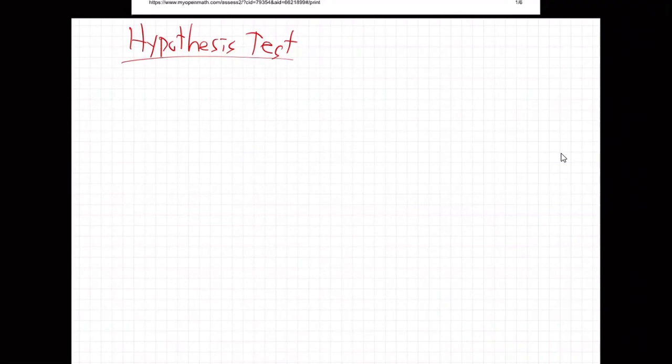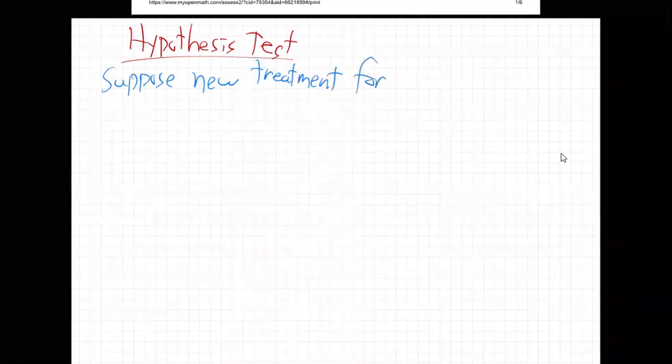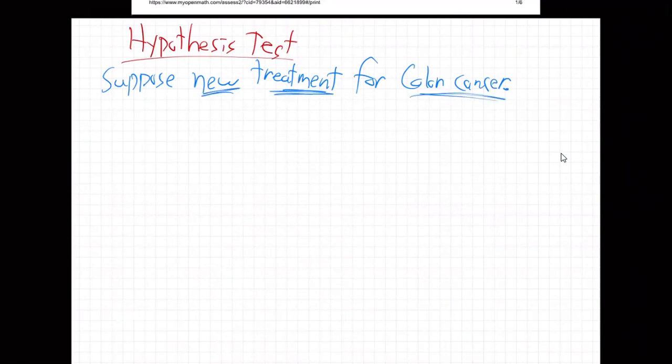Suppose there's a new treatment for, let's just pick a certain kind, let's say colon cancer. Suppose that medical science comes up with a new treatment for colon cancer.